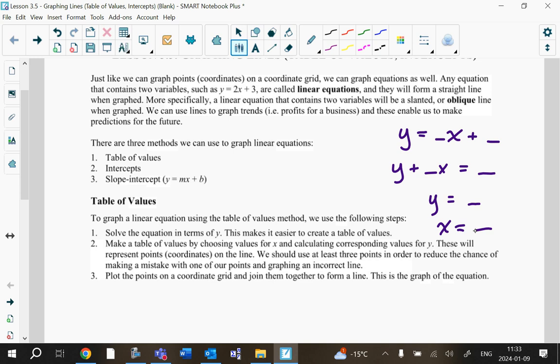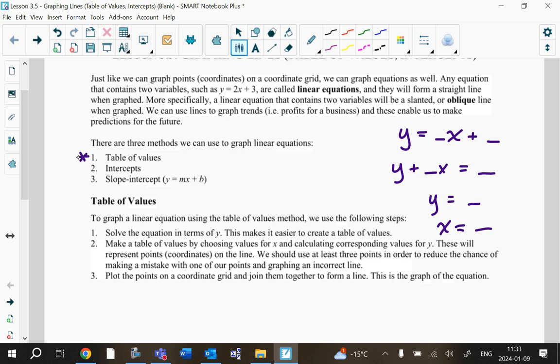So we're going to look first at the ones where there are y's and x's. There are different ways that we can graph these. We learned this last year, and I think you even did it in middle school, where you did a table of values. Remember, a line is just a series of infinite points.